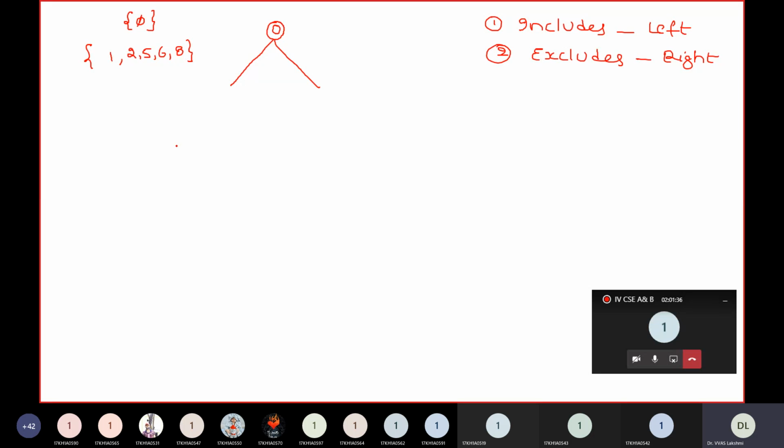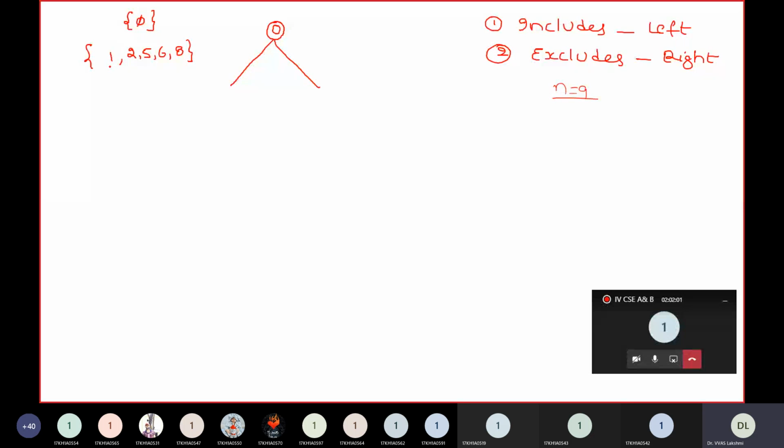At each level, the left subtree is expanded by including the element, and the right subtree by excluding the element. Whenever the sum is greater than 9, 9 being the n value, at that place, backtrack one step and move in the forward direction.